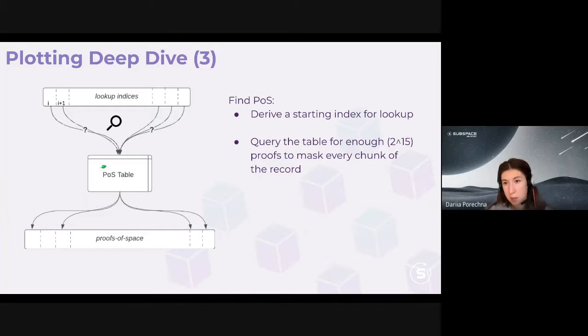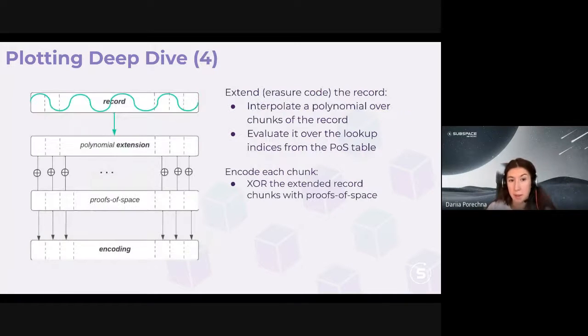They query the table, as a black box, imagine, for the 32,000 proof of space values to mask every chunk of the record. So if our record is 32,000 chunks, we need to query the table 32,000 times to get a value for each of the chunks respectively. And once we've done that, we save them and we come back to the record.